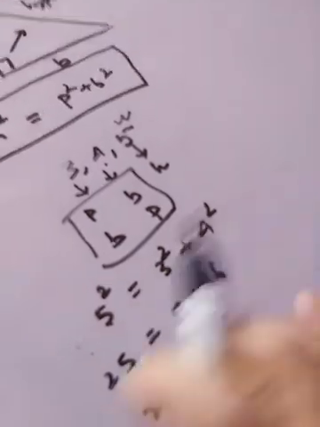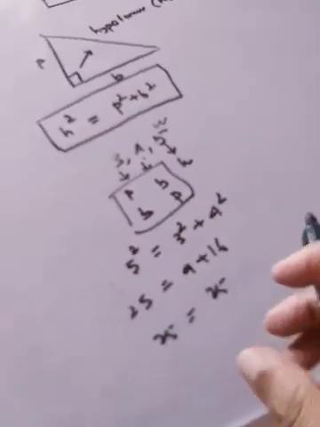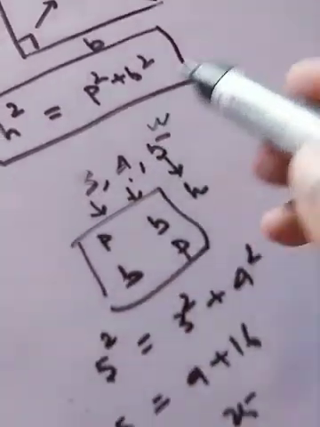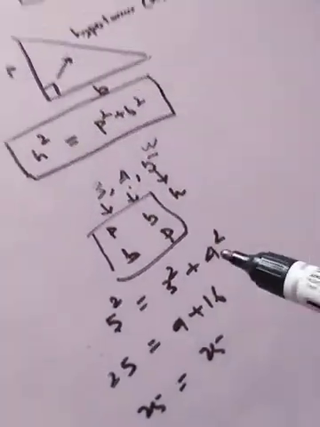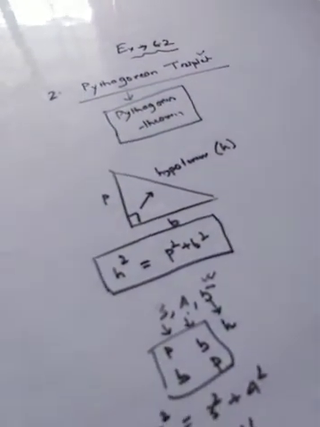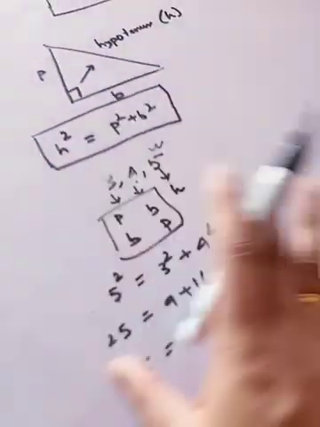So both sides carry the same answer. A set of three numbers which really satisfies the Pythagoras theorem is called a Pythagorean triplet. There are so many such numbers, students.